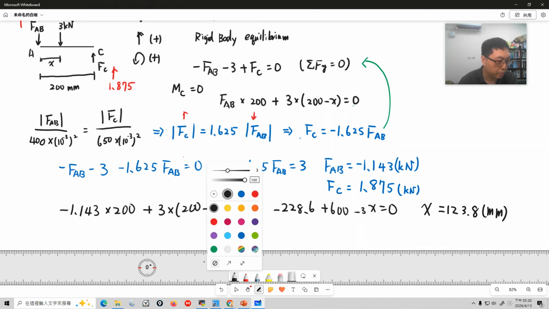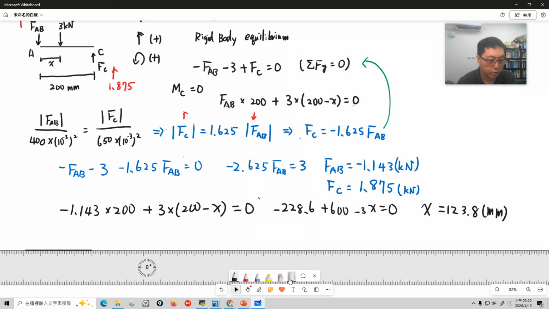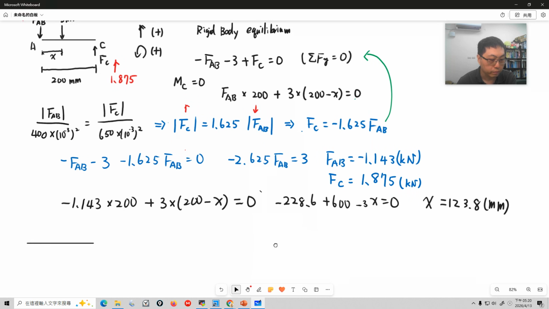Okay, same thing here. Here is 3 kilonewton pointing down. If I assume initially FAB points down, initially FC also points down.